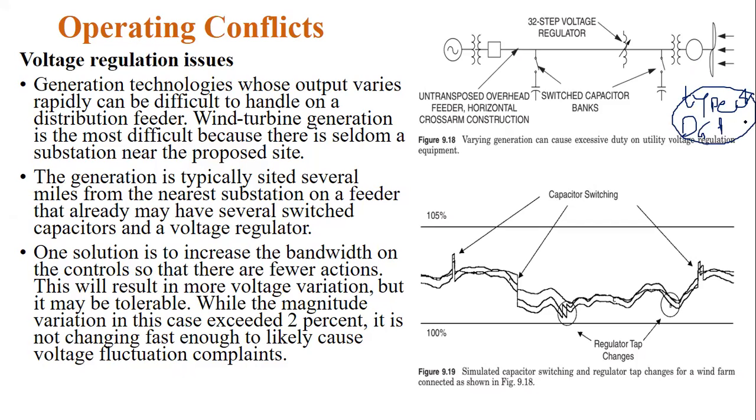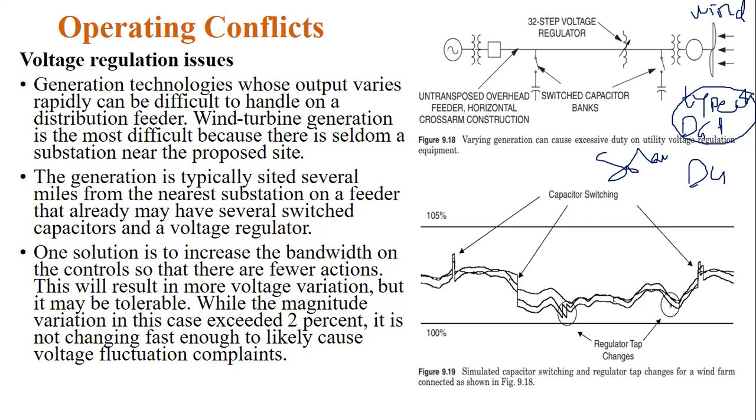Suppose we are using solar DG, the impact is one way. Suppose we are adding wind energy, the impact on the voltage regulation is another way, because solar works in the morning time, while wind mills more preferably give the amount of power in night time.